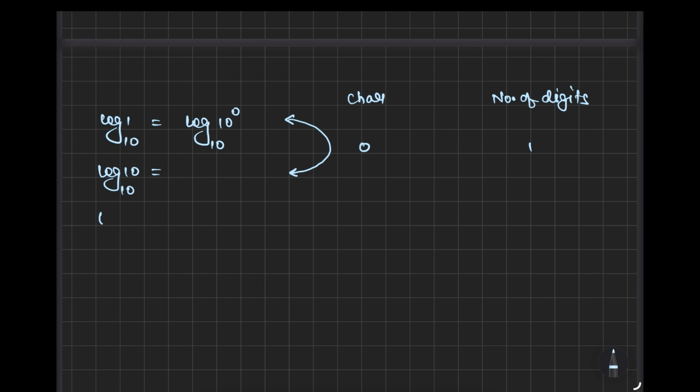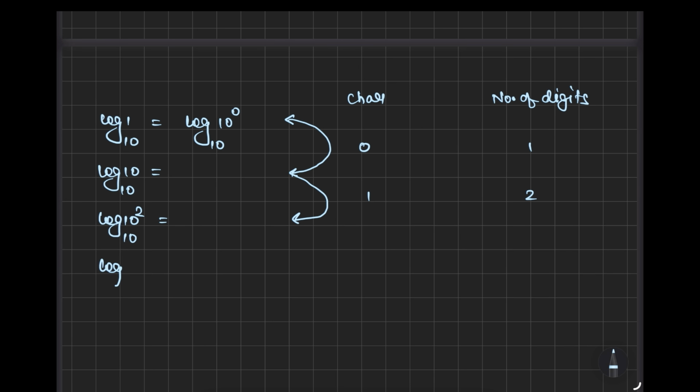Now go with this idea. Log 10 power 2 base 10. From here to this point it will be 1, and at exactly this point it will be 2, but I am talking about in between. So 1 point something, the characteristic will be 1, and up to 99 it is 1 point something only, and the number of digits will be 2.